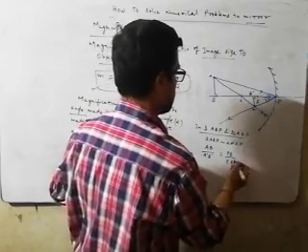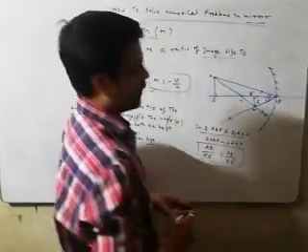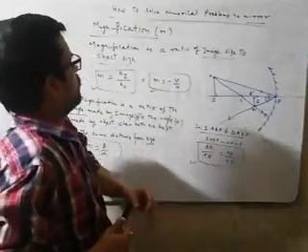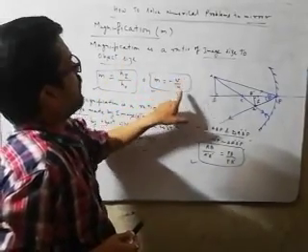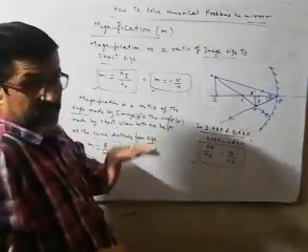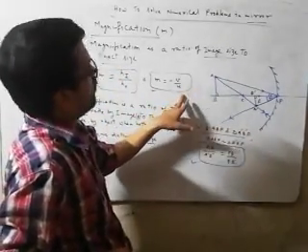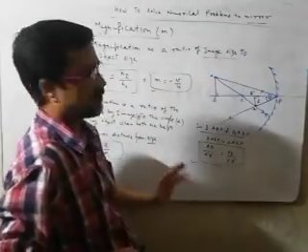What are we going to prove? We are going to prove that magnification for a mirror is minus V by U. HI by HO is a general formula, and this is also a special formula for a mirror. For that we are doing all this.